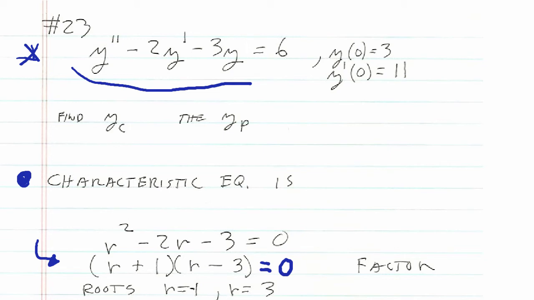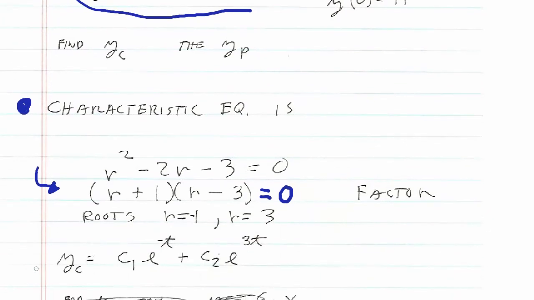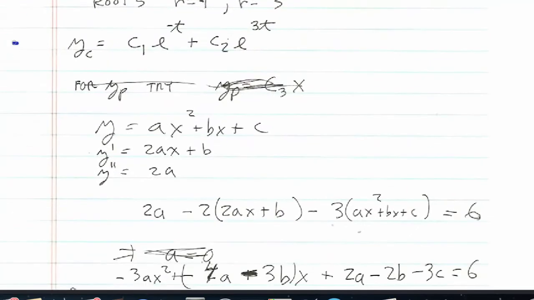From the theory that we studied in the previous section, we now know that the general solution to the homogeneous equation is a linear combination of the functions e to the minus t and e to the 3t. That is, y sub c is c1 e to the minus t plus c2 e to the 3t. It's right here. So there's our general solution to the homogeneous equation.